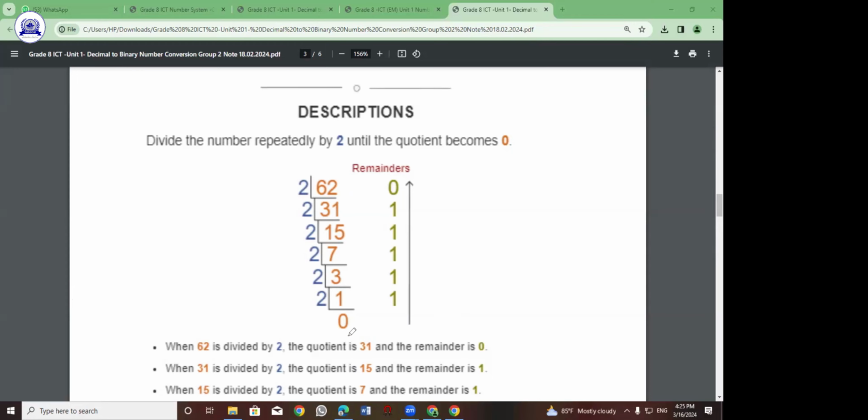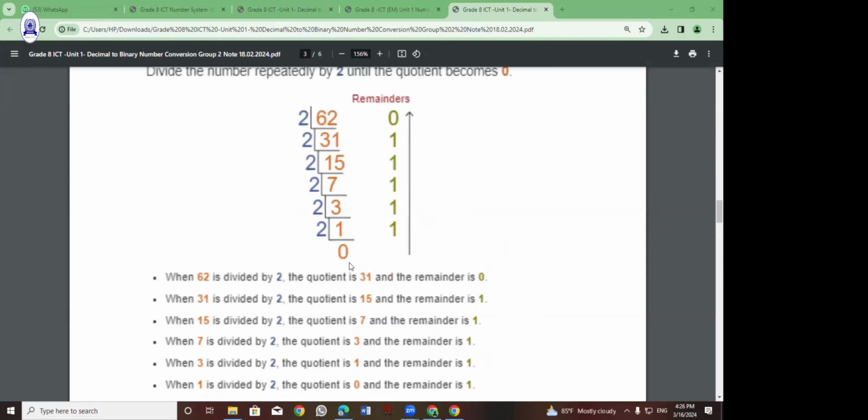You have to write, remember, in this direction. That's the direction you have to write. Right? So don't write in this direction, that is wrong. Remember, when you divide this number by 2 to convert into a binary, you have to write the answer in this direction.